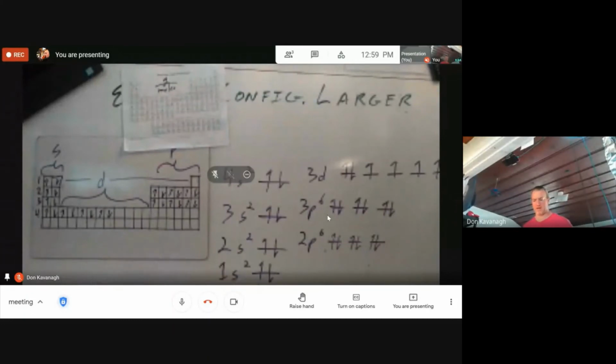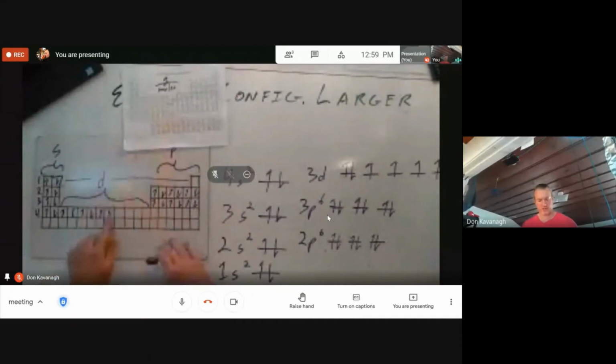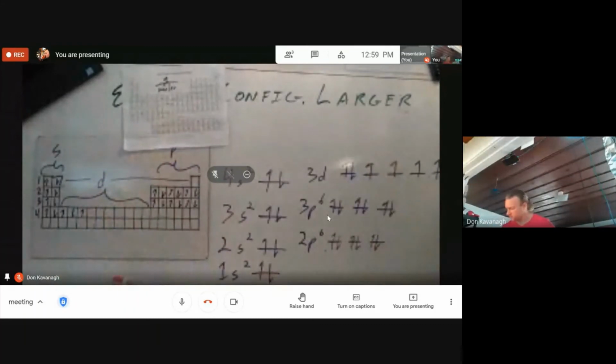So for example, let's do the chromium neutral electron configuration. I'm going to erase a couple of electrons here, and also I'm going to erase this 3d set here. We're going to end up redrawing this.